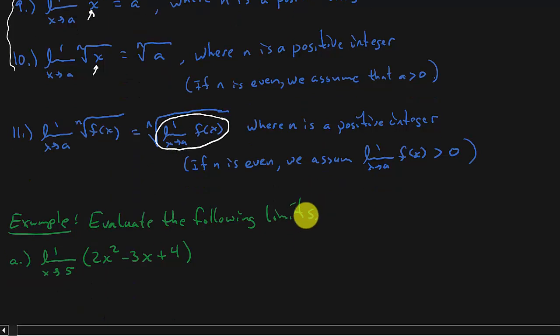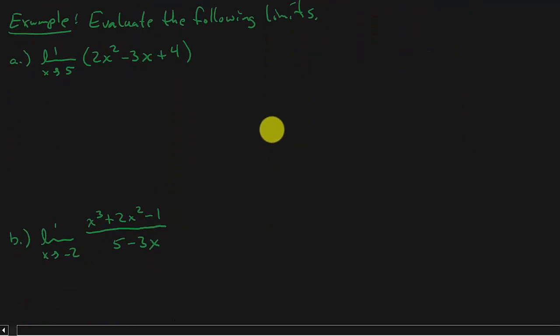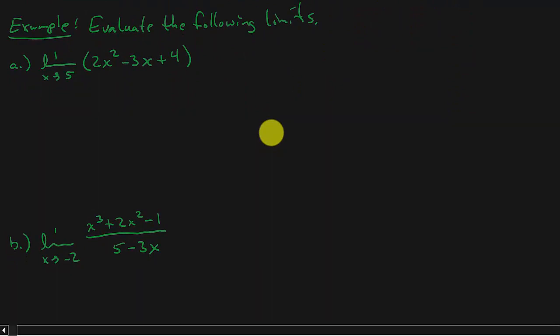All right, so these next 2 examples, they're wanting us to evaluate these limits using the limit laws. So I'm going to work them out, and it's going to be a lot of steps, and you're not really going to work the problems like this.